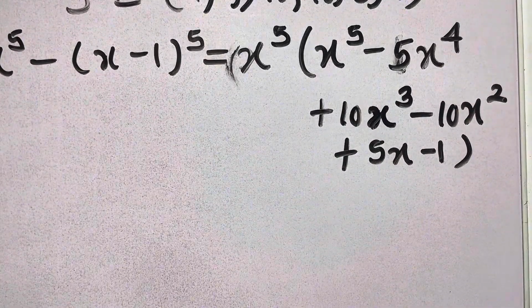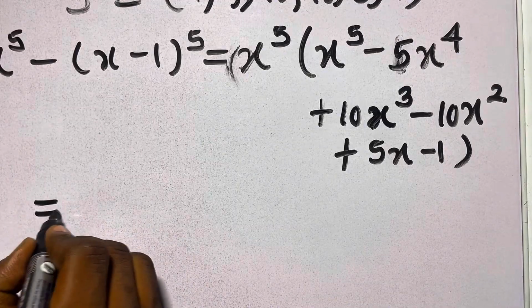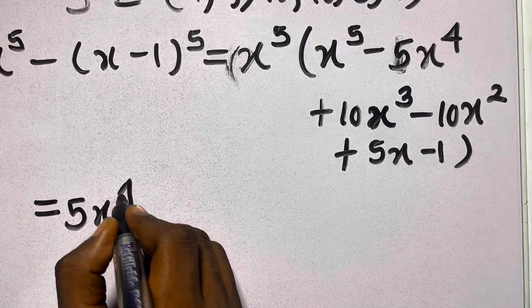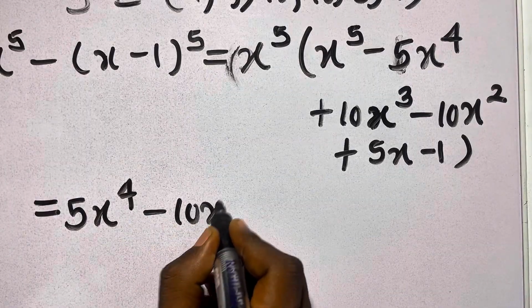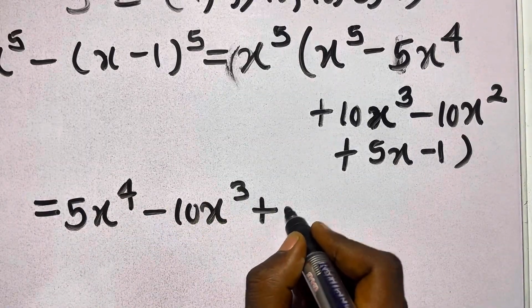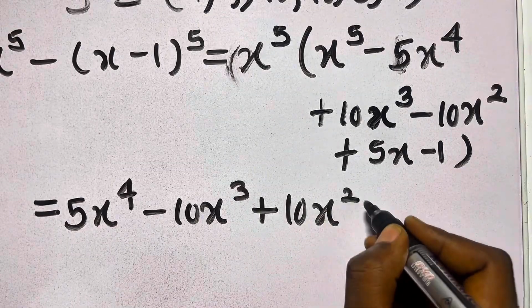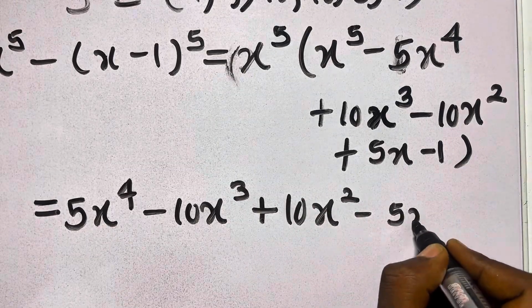Simplifying, this equals 5x^4 minus 10x^3 plus 10x^2 minus 5x plus 1 equals 0.